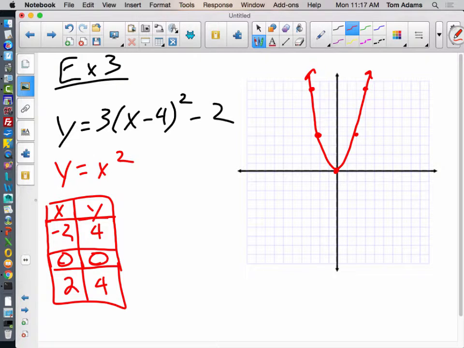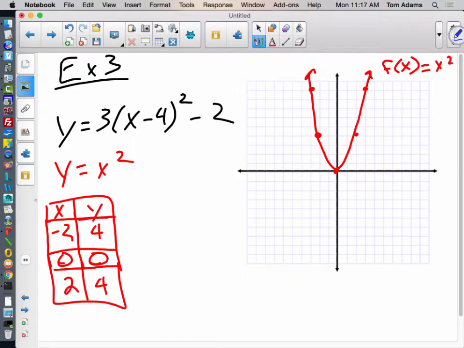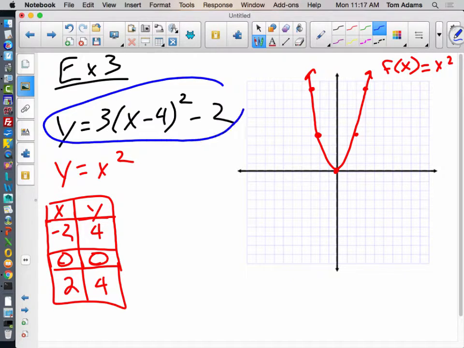Okay, so this is f of x equals x squared. That's the parent function. Now, I'm not going to do a table of values of this. Wait, where's my vertex? Positive, right? Because remember that it's y equals a(x minus h) squared plus k, and the vertex is h comma k.